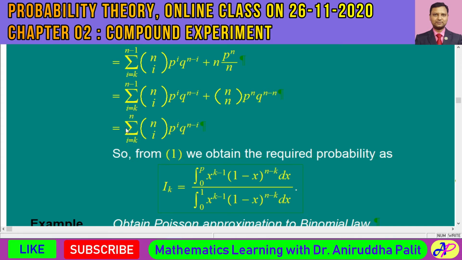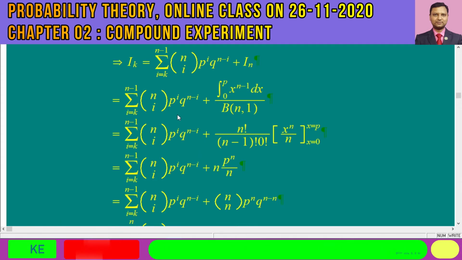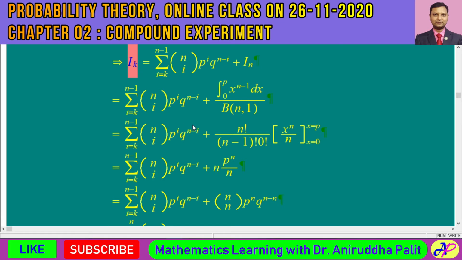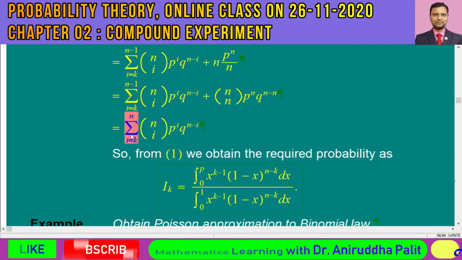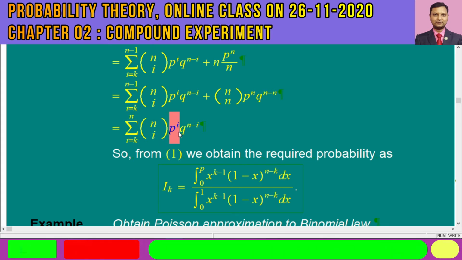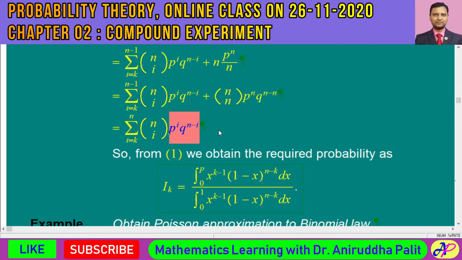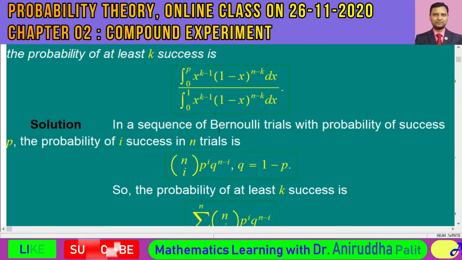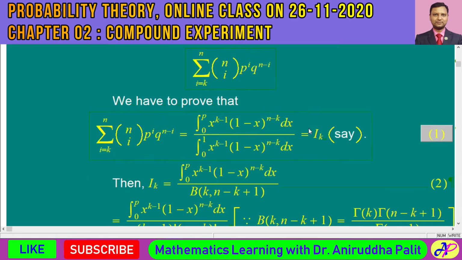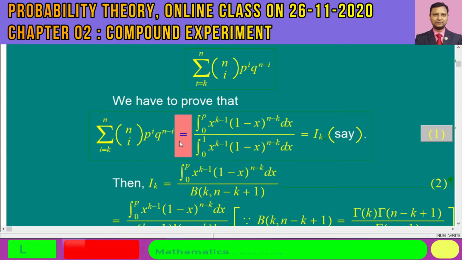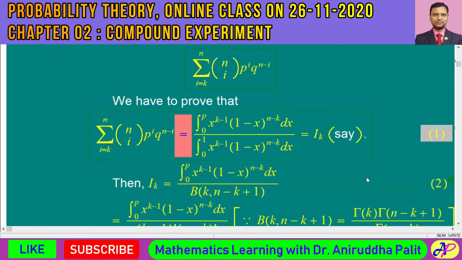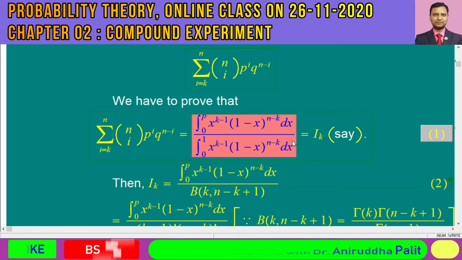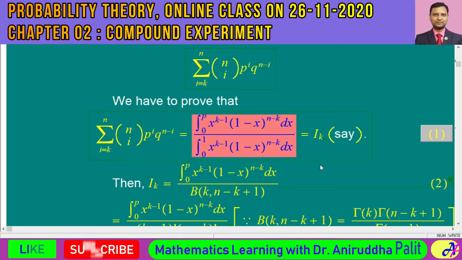Therefore we ultimately observe that this ik is equal to the summation i equal to 1 to n nCi p to the power of i into q to the power of n minus i. And therefore we can say that this equation number 1, this kind of equality holds. That's why the probability can now be written in this kind of fashion.